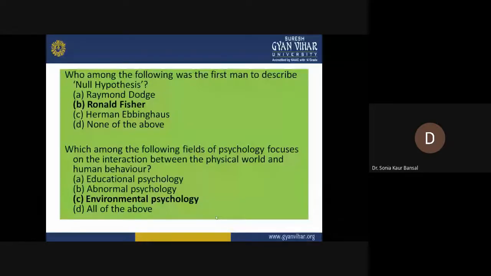The next question: which among the following fields of psychology focuses on the interaction between the physical world and human behavior? A, educational psychology; B, abnormal psychology; C, environmental psychology; or D, all of the above. So the correct answer is environmental psychology.